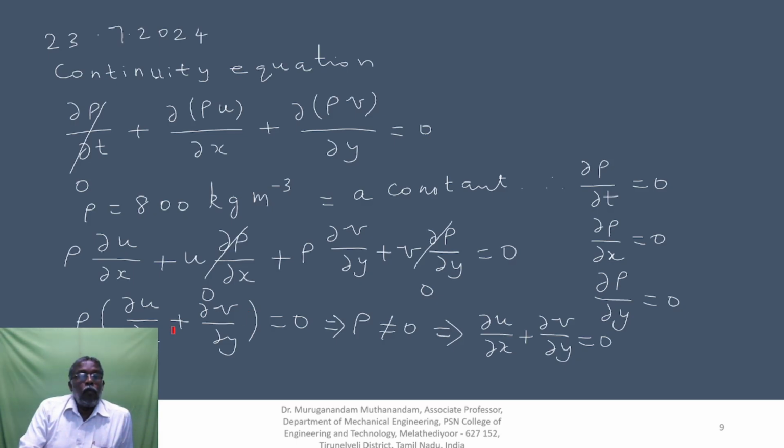If a product of two numbers is equal to 0, one of the numbers should be equal to 0. That is the second number, given by partial u upon partial x plus partial v upon partial y, is equal to 0. So, this is the reduced form of the continuity equation. Initially, we had the continuity equation in this form, and now we have the reduced form of the given continuity equation.